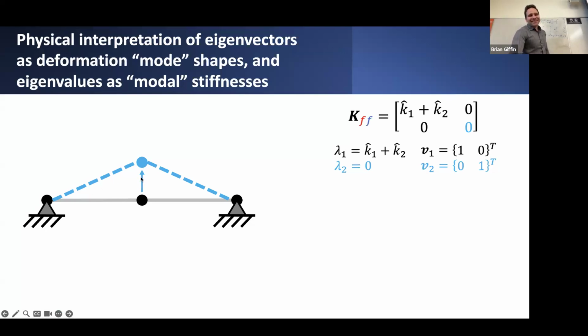What that means is that, even though the real deformation of the structure is going to look like this, according to how we've idealized our truss elements, those elements assume that they're going to stay perfectly aligned in this horizontal configuration. So even if we try to displace this node transversely, these elements are never going to know that.